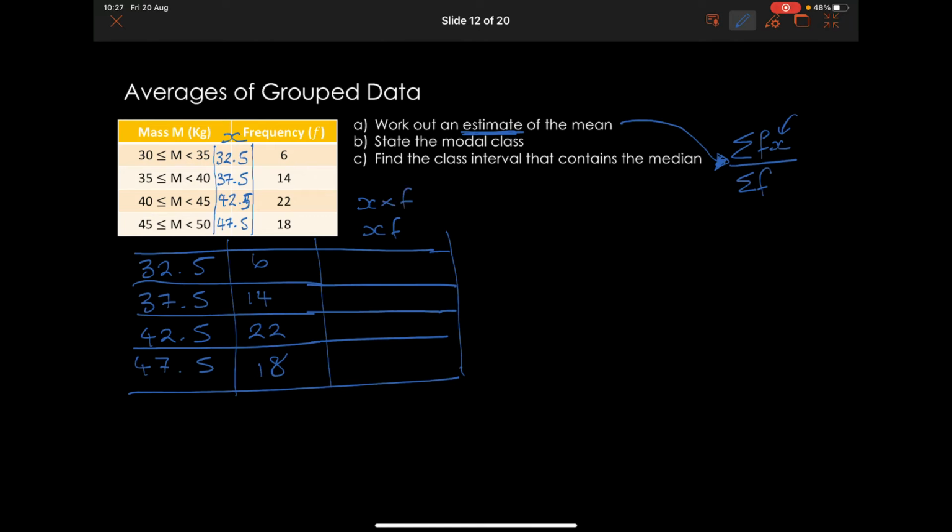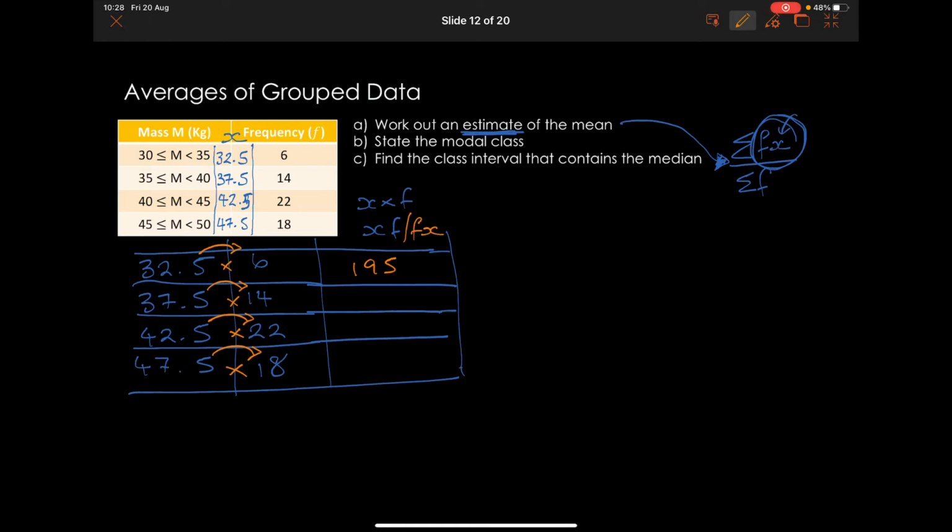So we're going to do this fx section first, which means we're going to multiply these across, just like we did on the other example. So xf or fx, however you want to label it, doesn't matter. I'm going to multiply them across. 32.5 times 6 gives me 195.